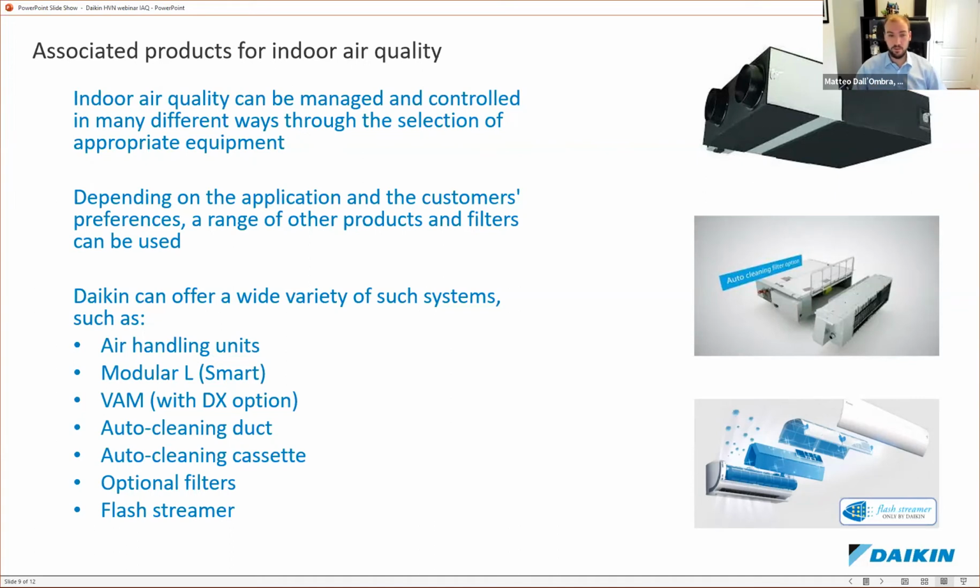Conceptually the same, just different shapes to fit the various types of units. But the idea is that one of the basic actions you can take is making sure that the filters within your indoor units are as clean as possible at all times.